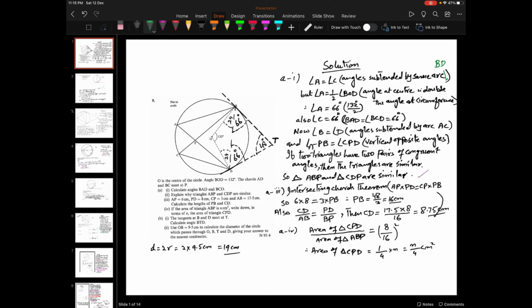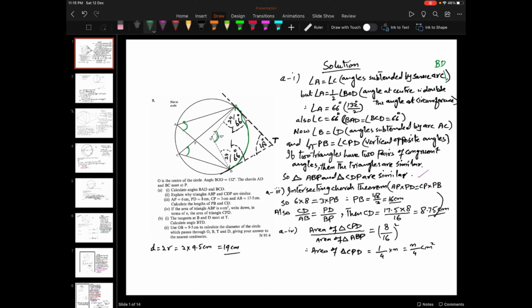In this question, angle A is equal to angle C. Why? Because both angles are subtended by the same arc BD. But angle A is half of angle at the center, I mean angle BOD.